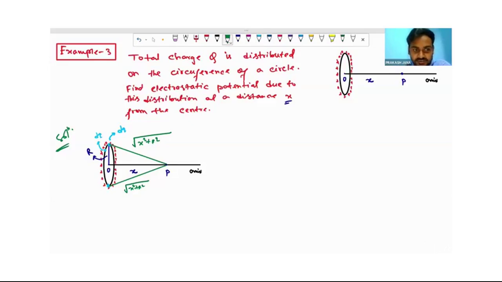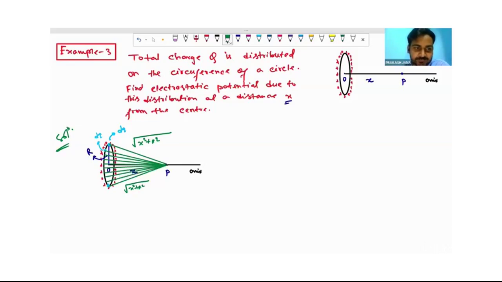This point is also at a distance root of x square plus r square. So as you can see, all the elementary charges are at a distance root of x square plus r square from the point at which we are looking for the potential, that is from point P. All the points are equidistant.